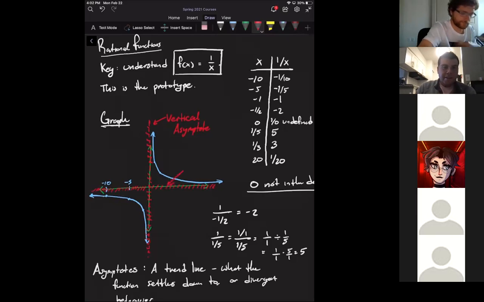Can anyone guess what this line would be called? Horizontal asymptote? Yeah, exactly. It's a horizontal asymptote. And again, it's just a line that our function is trying to approach.